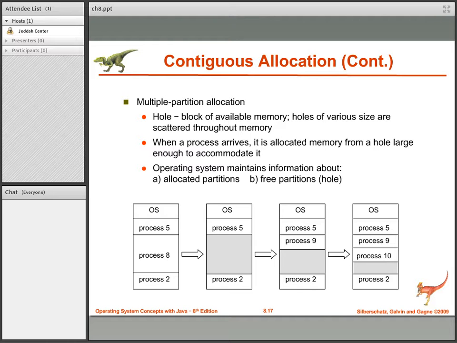For example, if you have a large process that is completed, swapped out into the storage medium, then its area could be larger than the needed area for another process. What happens to the difference between the areas of the old swapped out process and the incoming new process? It will form a hole.